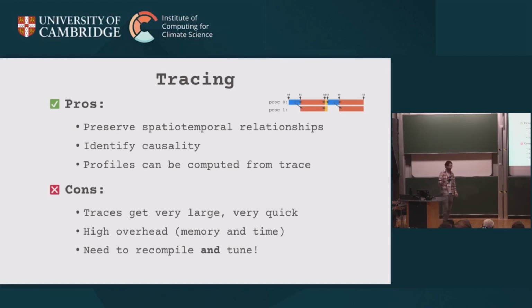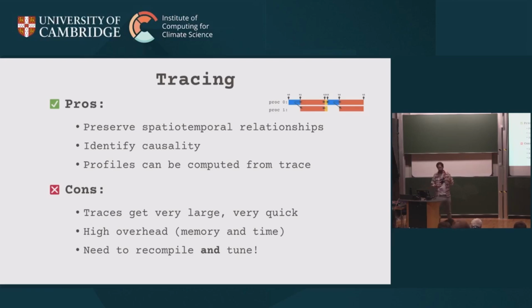But here comes the cost. Traces get very large very quickly, especially for climate codes or any high performance code that runs on a large system. So there's a higher overhead of memory and time: the time it takes to collect the data and also the memory needed to buffer that data.